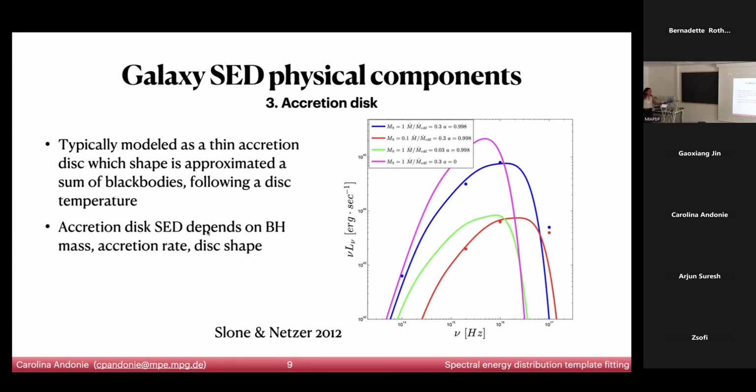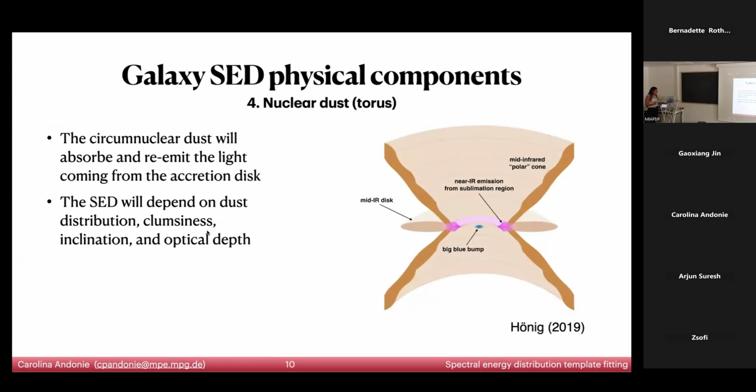But we cannot model all AGN like this. If we know that these are super-Eddington accretors, for example, we know that the accretion disk is not a thin disk anymore, and we cannot use the classic big blue bump or the Gordon-Richards model to model the accretion disk. So we also have to be careful with it.